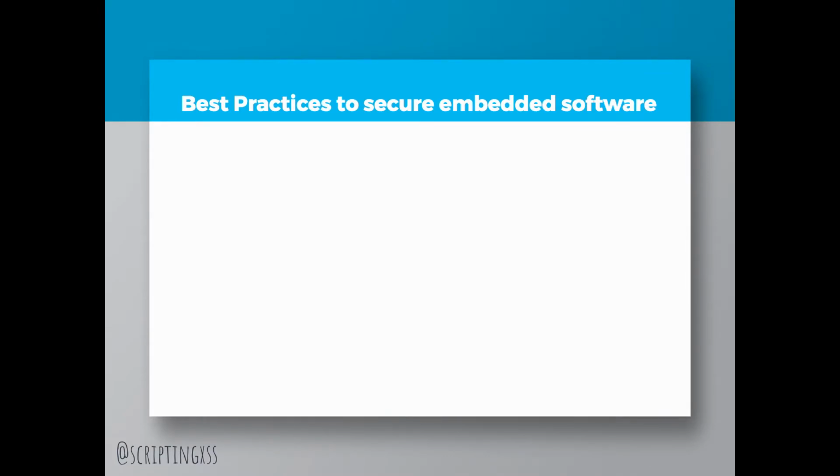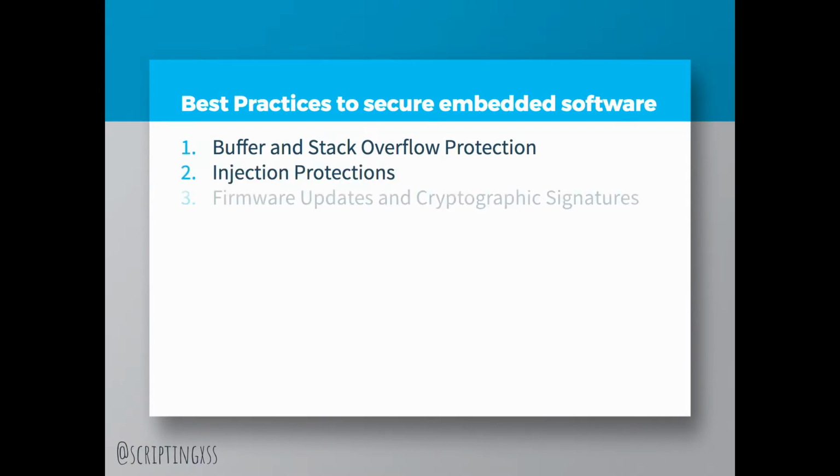So going into best practices and how we can make these devices more secure from a defensive standpoint or from a manufacturer standpoint. We definitely want to have some buffer and stack overflow protections, some injection protections like command injections, and how to prevent command injections from your product, or even how to exploit these from the developer standpoint. Now, what I see is a lot of IoT guidance on attacking or talking about the problems and how these problems aren't going to be fixed.